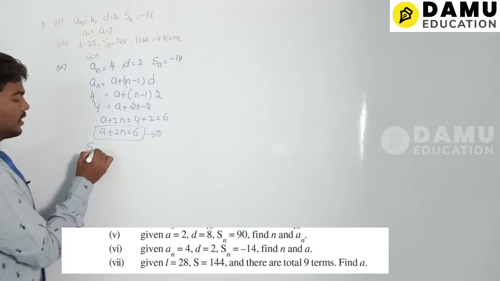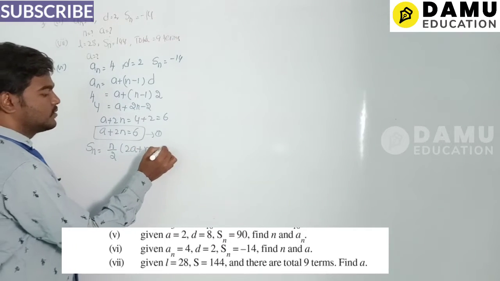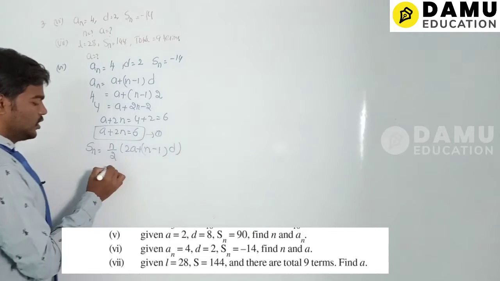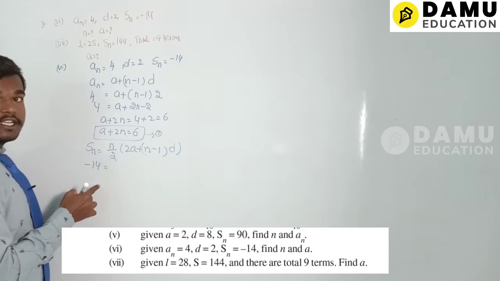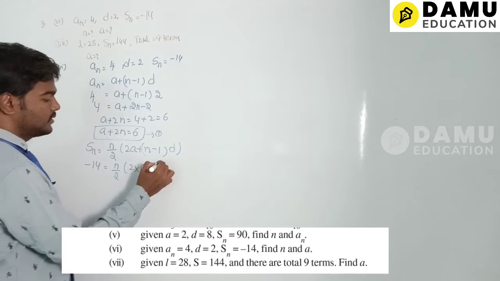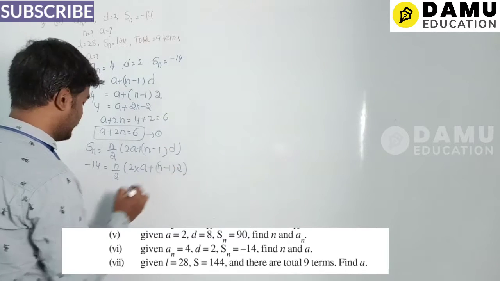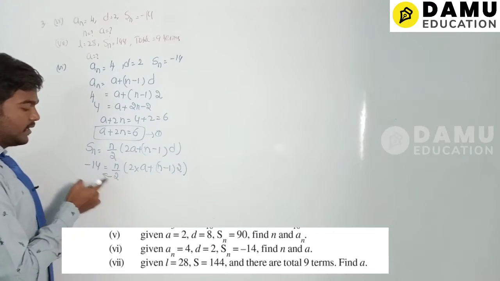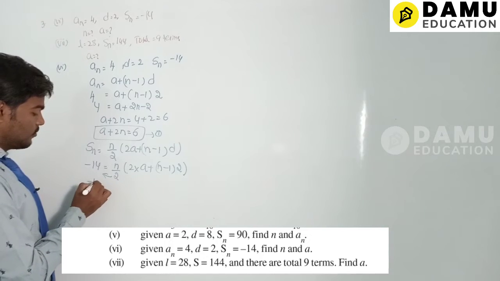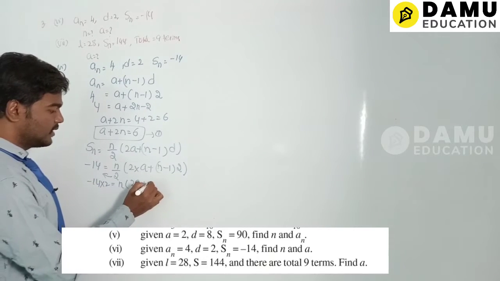And Sn, what is the Sn formula? n by 2 into 2a plus n minus 1 into d. So here Sn we know, that is minus 14, n we don't know, n by 2 keep as it is, 2 into a we don't know, plus n minus 1 into d, which is 2. So let's multiply 2 to the left side. So minus 14 into 2, n into 2a plus n.